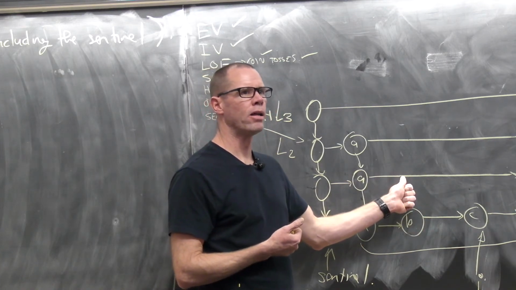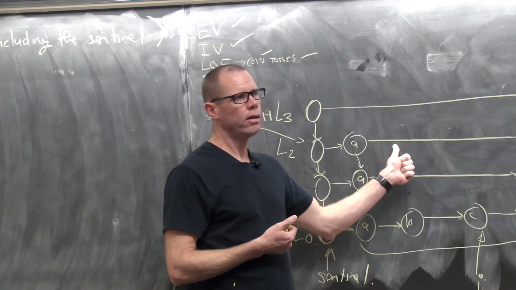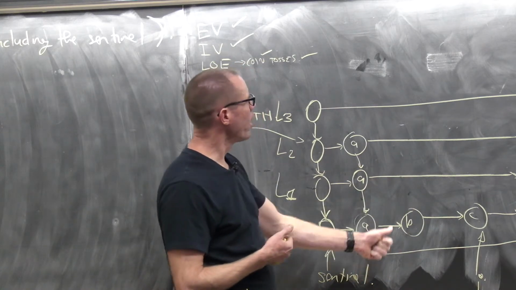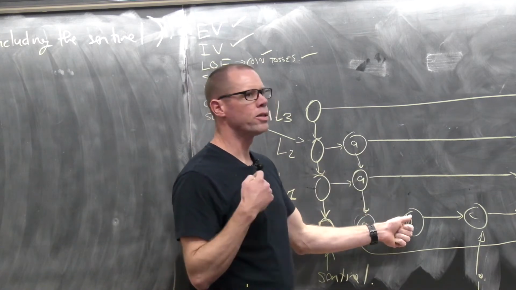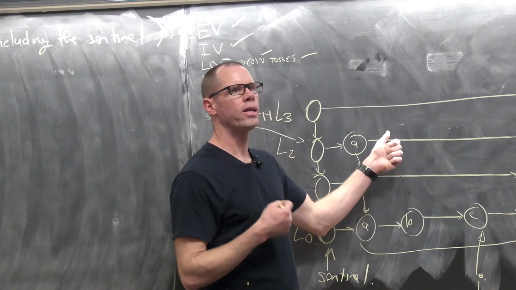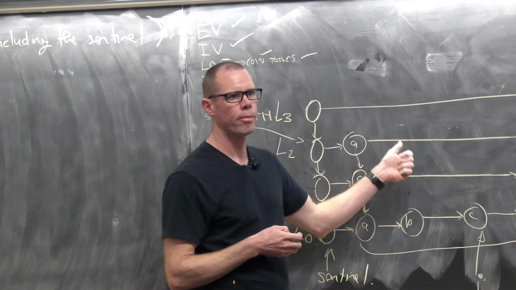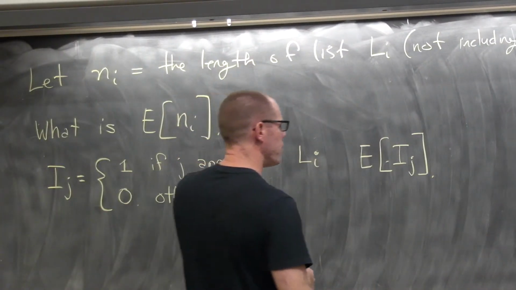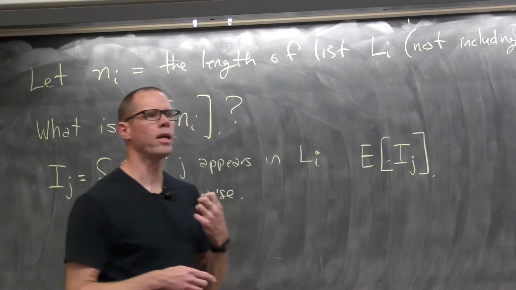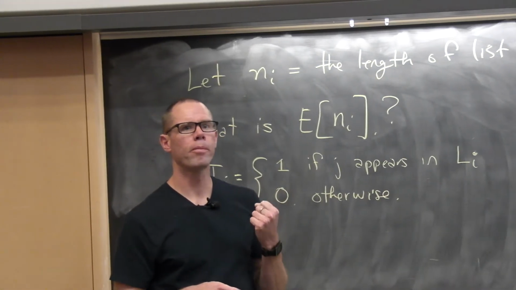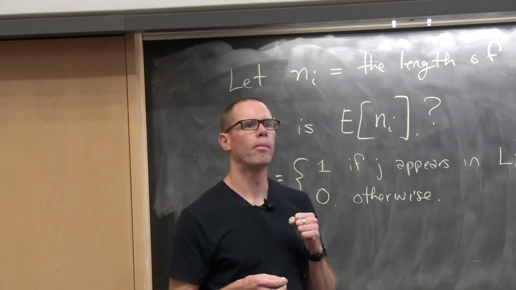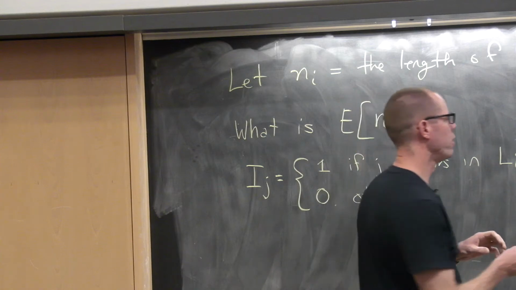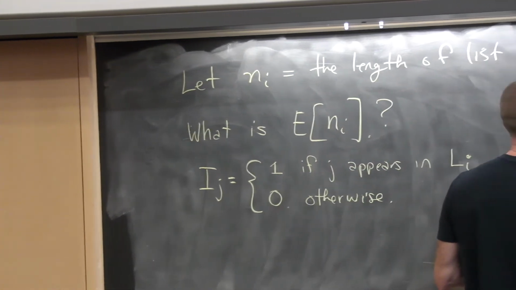From L1 into L2, we had to make a second one. And in general, to make it all the way up to L sub i, we had to toss a coin i times, and it came up heads every single time. Well, what's the probability that we toss a coin i times and it comes up heads every single time? Yep. 1 over 2 to the i.